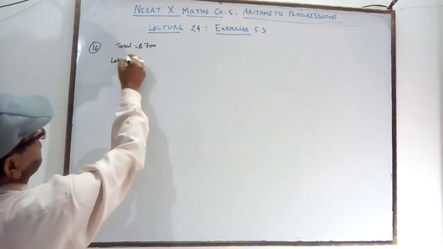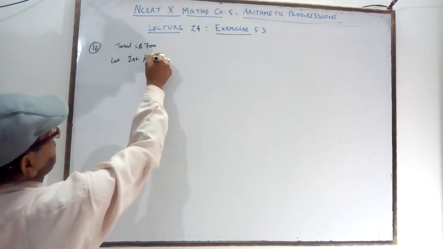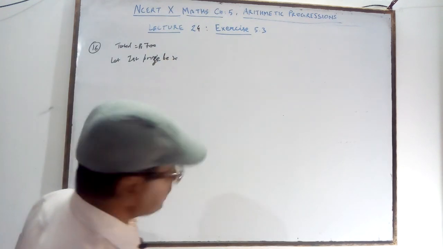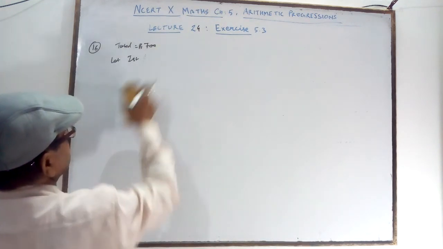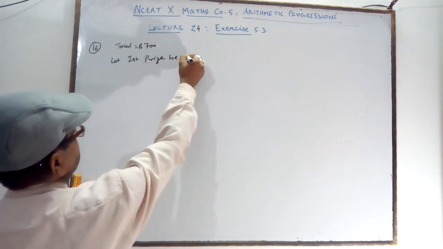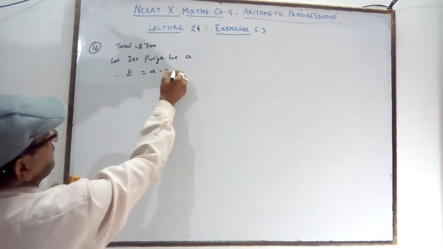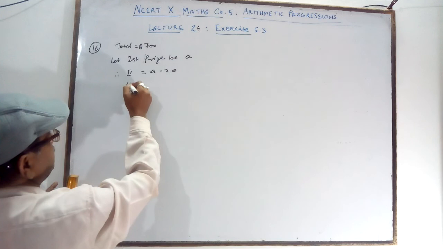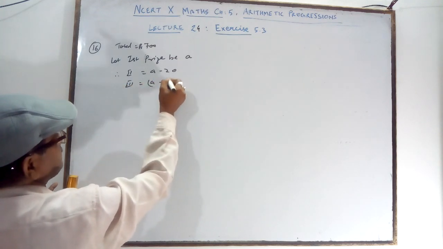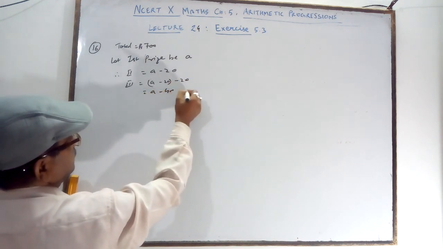Let the first prize be A. So the second will be A minus 20, 20 less than the first. The third will be A minus 40, which is 20 less than the preceding, and so on.